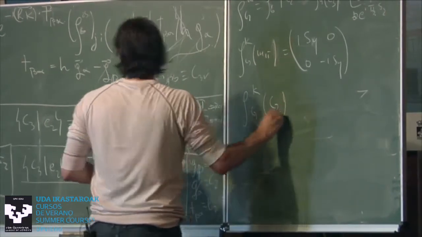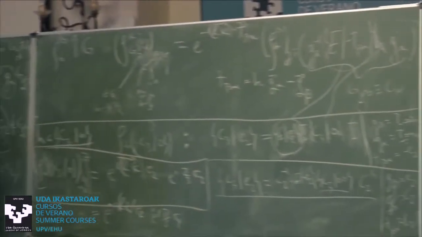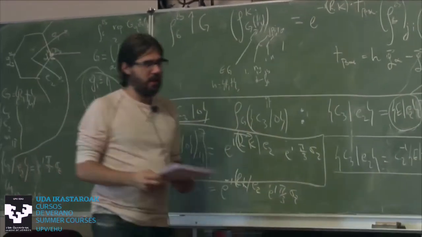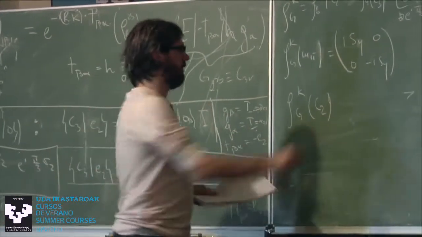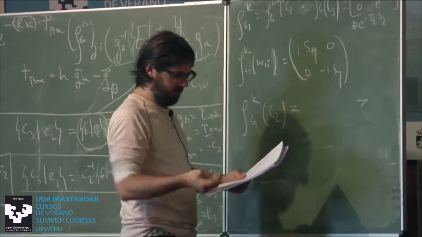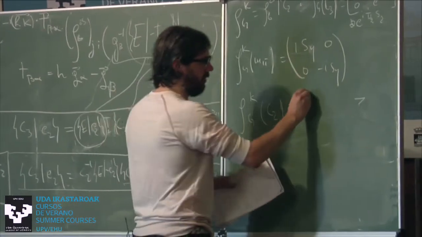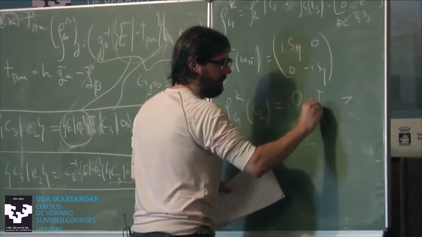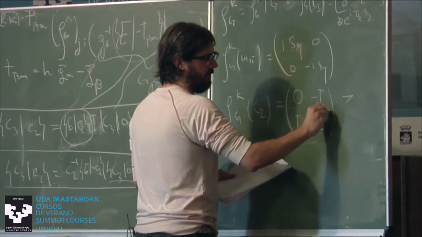Now, let's take an element which doesn't belong to the site symmetry group, and this element is C2. So I took H, which does not belong to the site symmetry group C3v, and all these elements which don't belong to the site symmetry group will be off diagonal. So you can go through the same procedure and find out that the only matrix elements that you get are going to be off diagonal, and this is 0, minus i, 0, and this is a 2 by 2 identity. Okay?